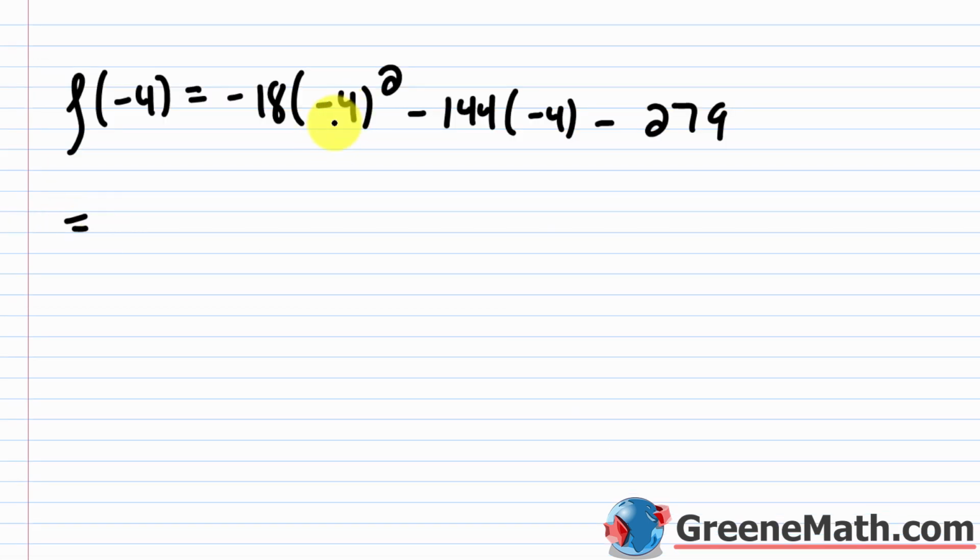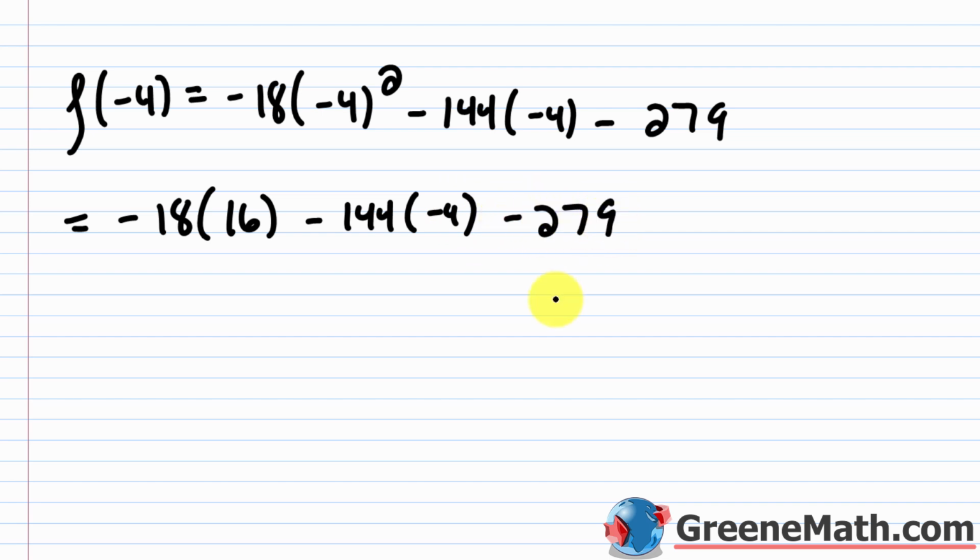So this would be equal to negative 4 being squared. Again, the negative 4 is wrapped in parentheses. That's positive 16. So this is negative 18 times 16, and then minus 144 times negative 4, and then minus 279.